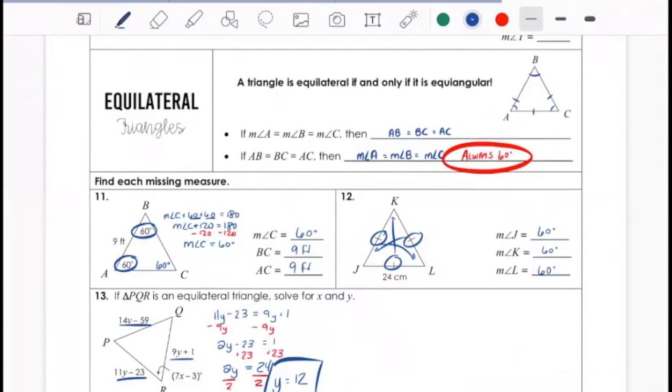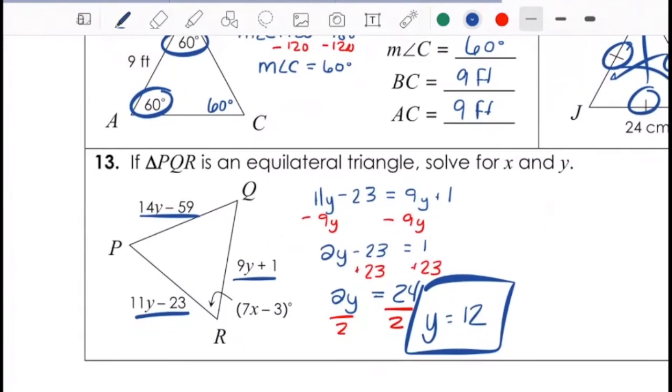Okay, x is a little trickier. We've got to think about what's happening. So if we know that it's an equilateral triangle, which we do because, hey, newsflash, they told us, we know that each of these angles must be congruent. And if each of those angles must be congruent, they each have to equal 60.